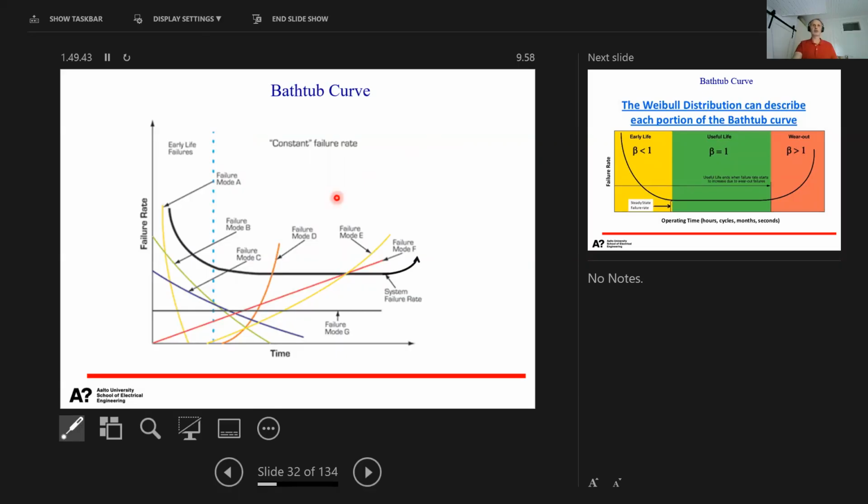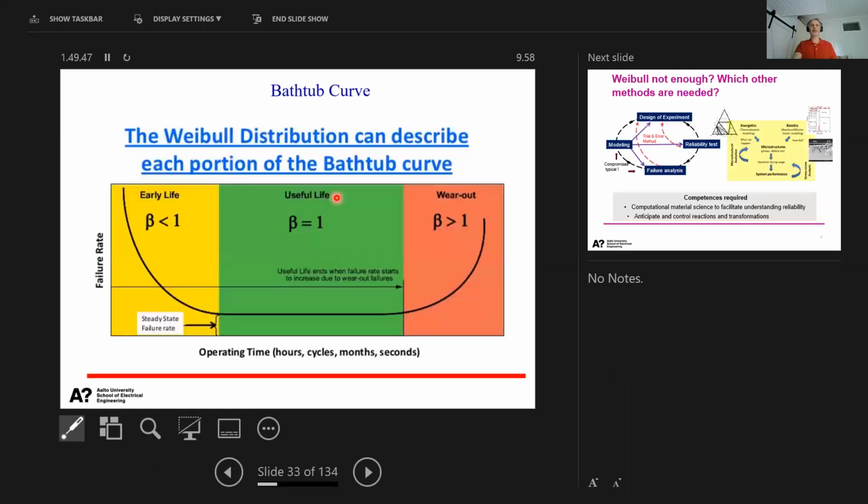And this behavior we can also describe with statistical mathematics, and there the Weibull distribution, Weibull statistics, is the most commonly used. Because in Weibull you have two different parameters, the characteristic lifetime, but also the shape parameter.